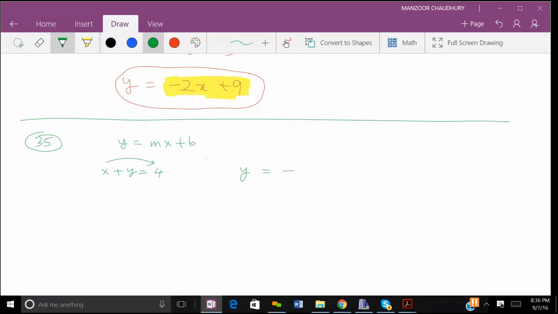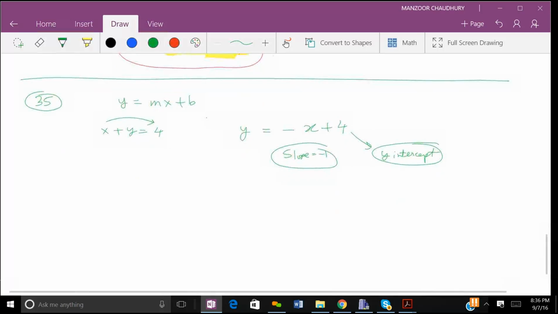Okay, that's -x plus 4. Okay. So the slope is -1. Okay, make sense?